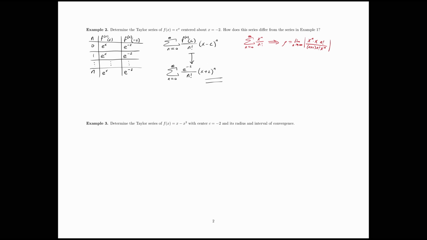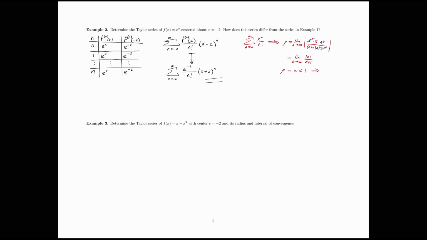Canceling the commonality, the n factorials and x to the n's cancel. The absolute value really only needs to stay on the x because n plus 1 is positive. So the limit here is 0. This means rho for the ratio test is 0, and 0 is always less than 1.